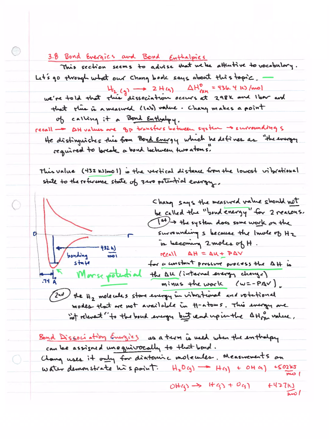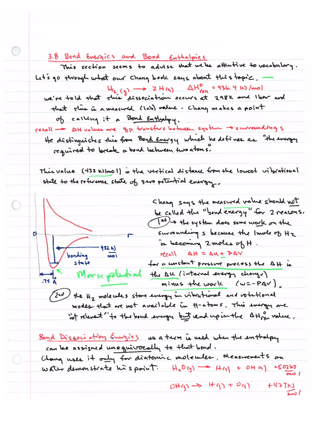First, the system is doing some work on the surroundings because the 1 mole of hydrogen gas is becoming 2 moles of hydrogen. So if you recall the definition of enthalpy, H, is U plus PV.